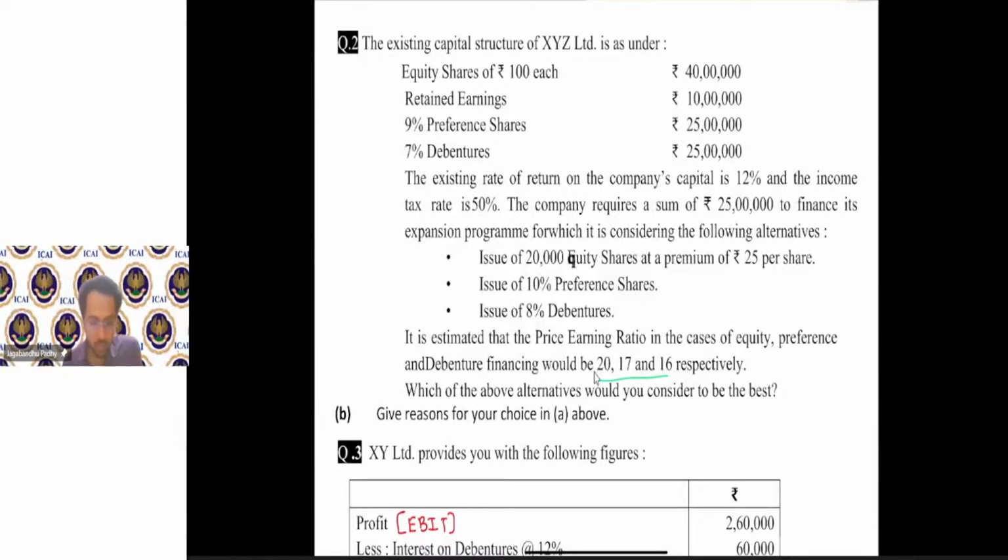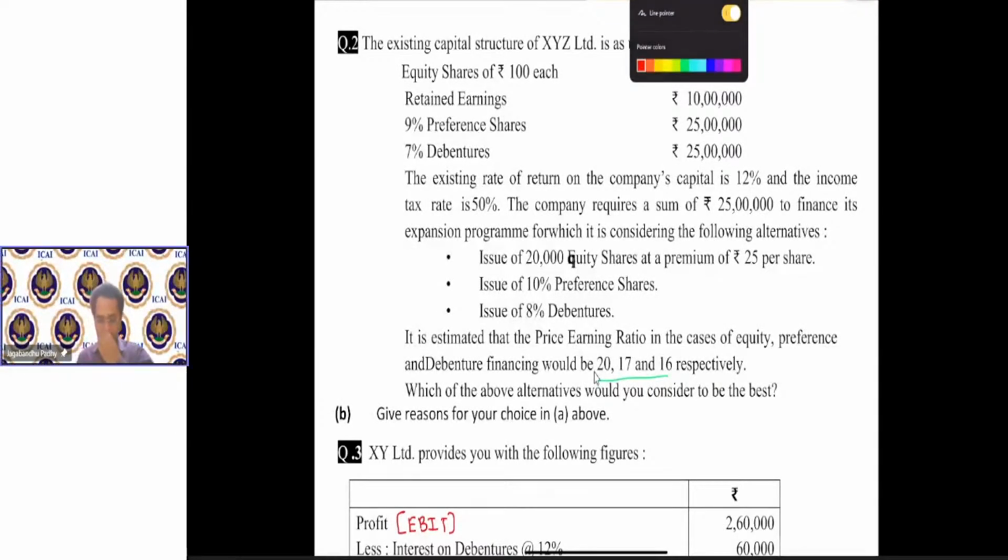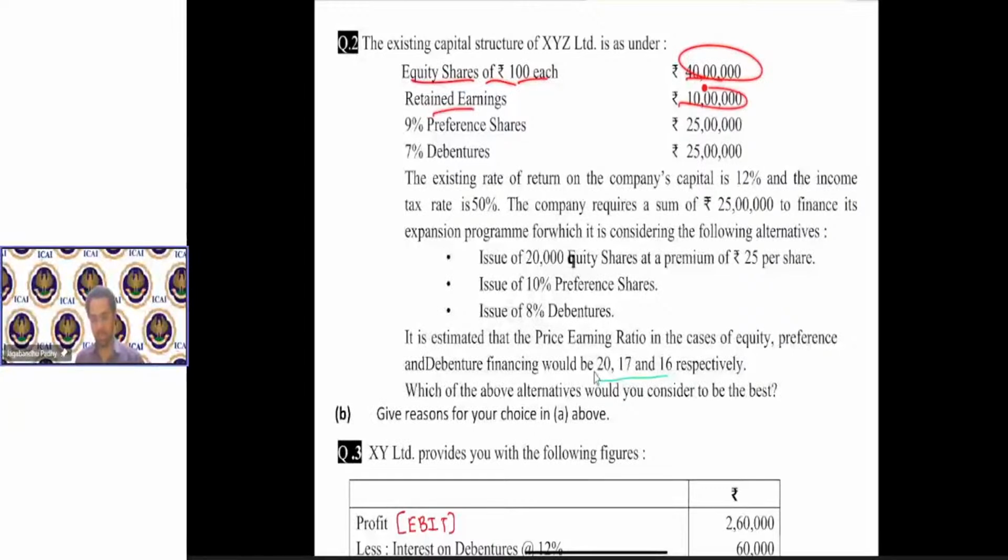So what we have is the existing capital structure of XYZ as under. We have equity shares of rupees 100 each, 40 lakhs. Retained earnings, 10 lakhs, 9% preference shares, 25 lakh, 7% debentures of 25 lakhs. So the existing capital structure comprises a total of 1 crore, right?